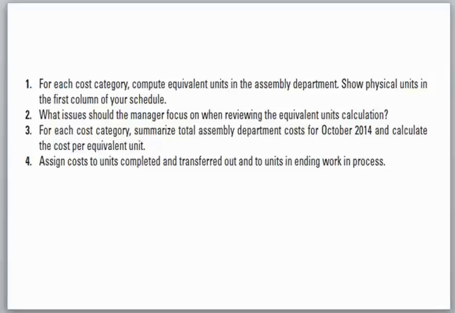Number 3, for each cost category, summarize total assembly department costs for October 2014 and calculate the cost per equivalent unit. Number 4, assign costs to units completed and transferred out and to units in ending work in process. First question: for each cost category, compute equivalent units in the assembly department.